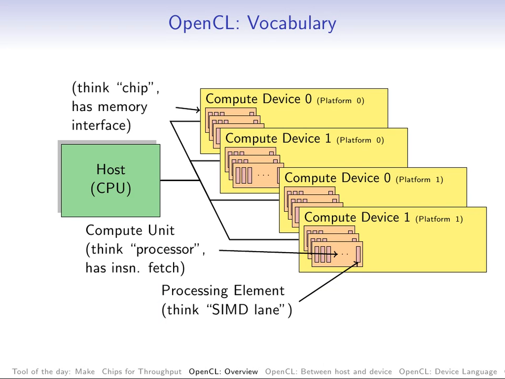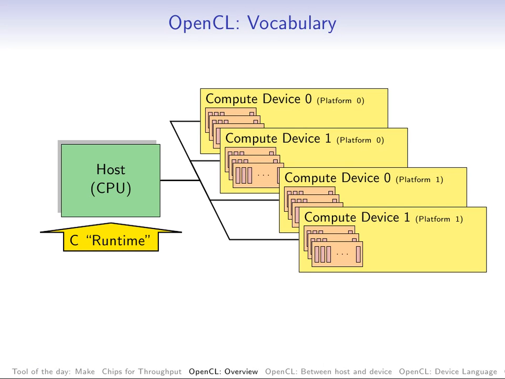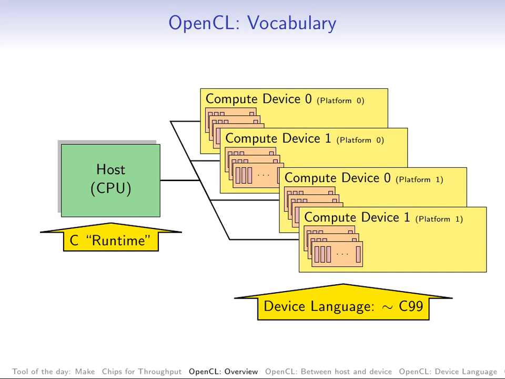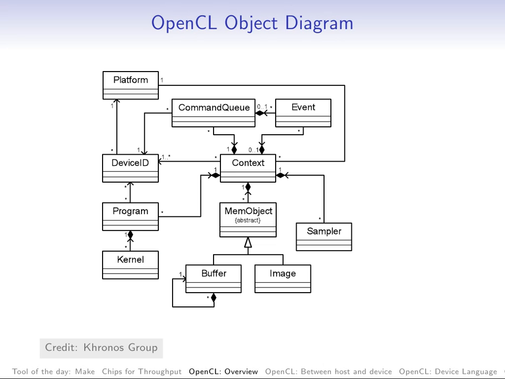That's deeply ingrained in OpenCL. We'll program over here with this library, and over here with this device language that, fortunately, is just C. If you're in CS and UML makes you happy, that's OpenCL in one slide.